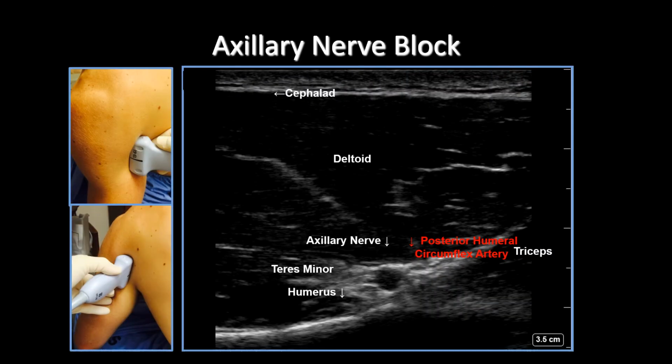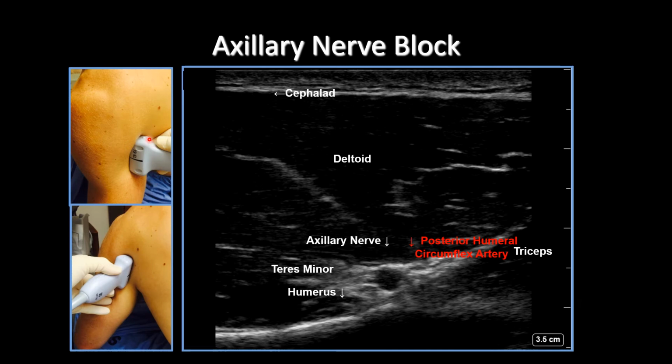In addition to the suprascapular nerve block, some people can also perform an axillary nerve block. Now, mind you, this is an isolated axillary nerve block, not an axillary brachial plexus block. So this is an isolation where you can cover part of the shoulder innervation to help with pain control.